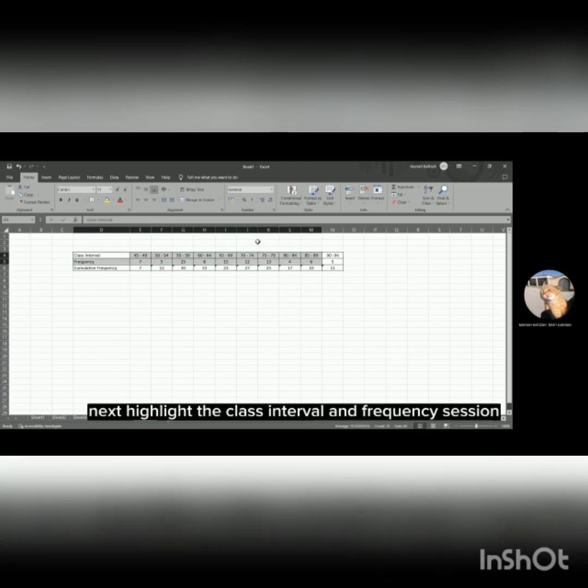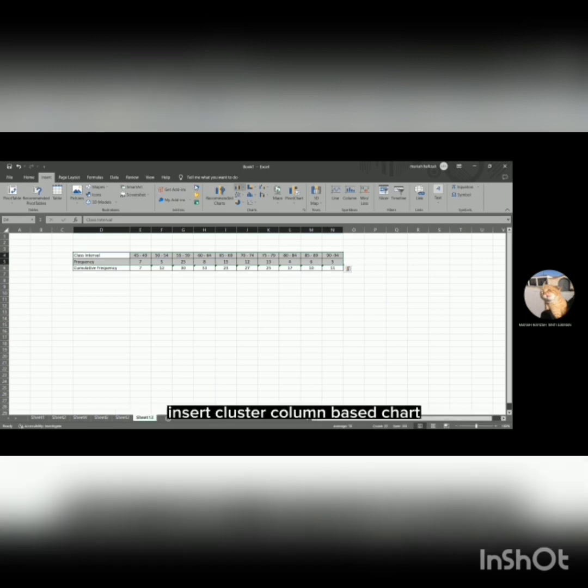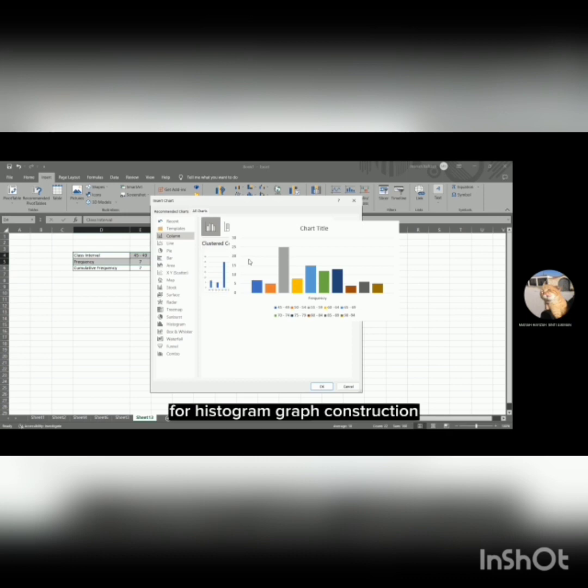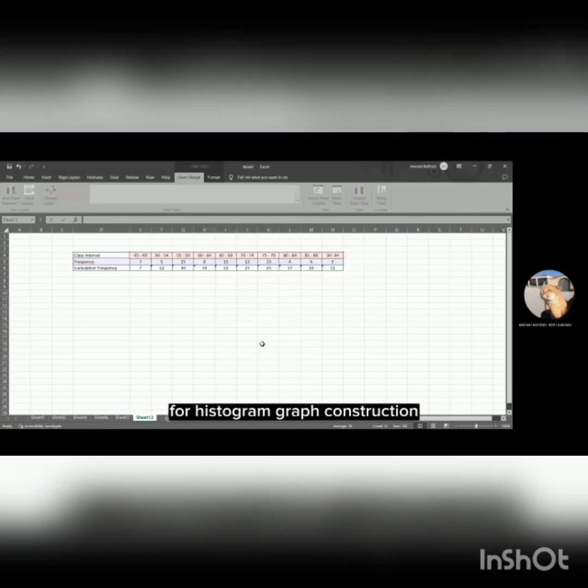Next, highlight the class interval and frequency section. Insert a clustered column-based chart for histogram graph construction.